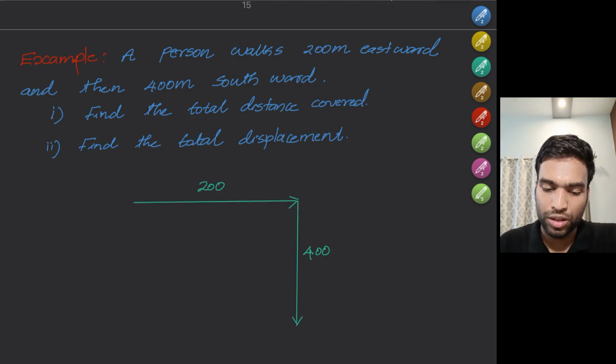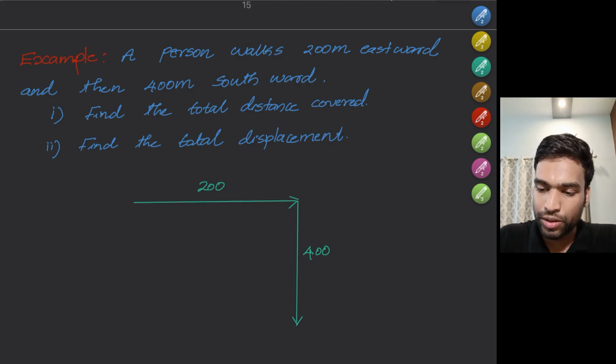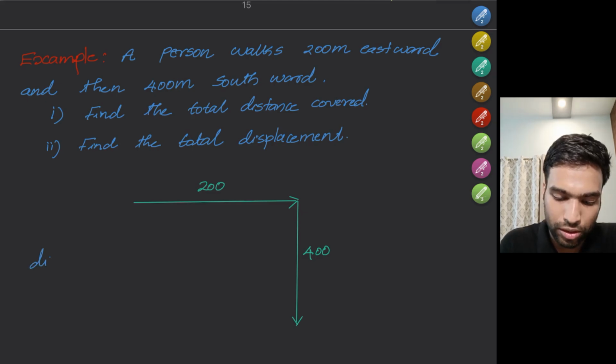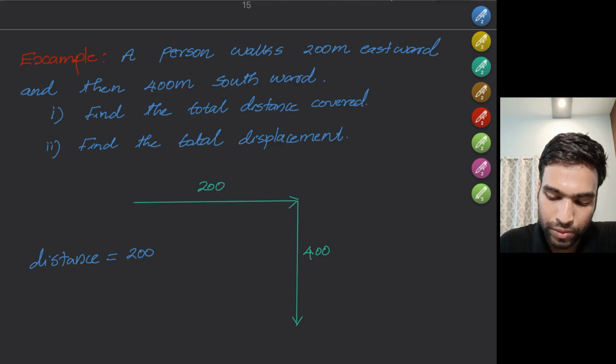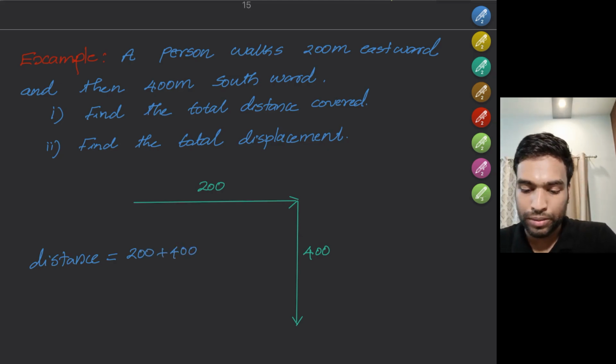Now, of course, the distance covered will be 200 plus 400. So for finding the distance, we don't have to consider the direction at all, right? So distance equals 200 plus 400, because it is the length of the total path covered.